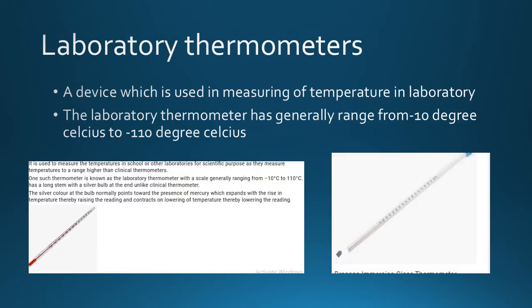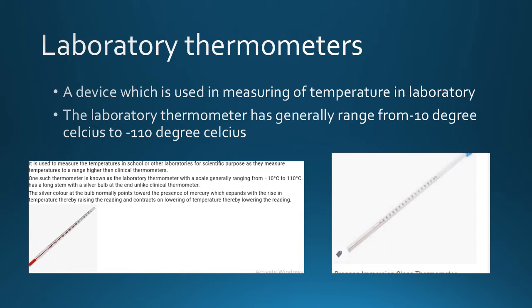Now, what is a laboratory thermometer? It is a device which is used in the measurement of temperature in laboratories, and the laboratory thermometer has a general range from -10 degrees Celsius to 110 degrees Celsius.